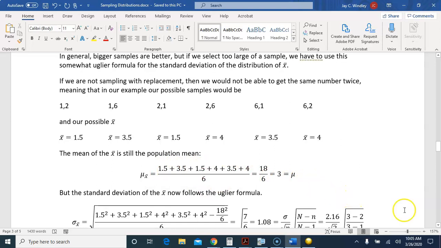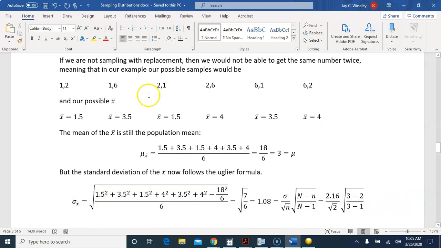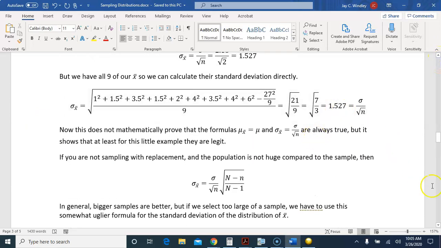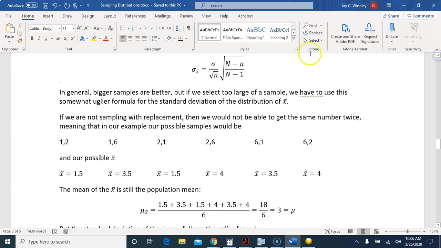That doesn't change. But look at the standard deviation of the x bars. The standard deviation of these 6 x bars turns out to be 1.08. Remember before it was 1.52. So why is it 1.08? It's because it's following this uglier formula with this extra radical at the end.